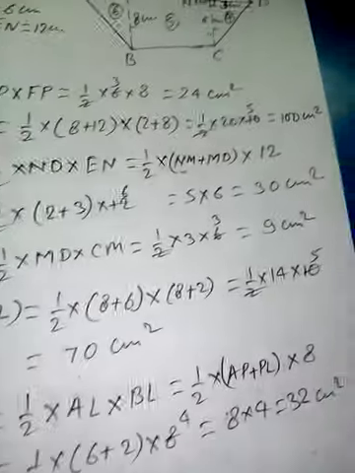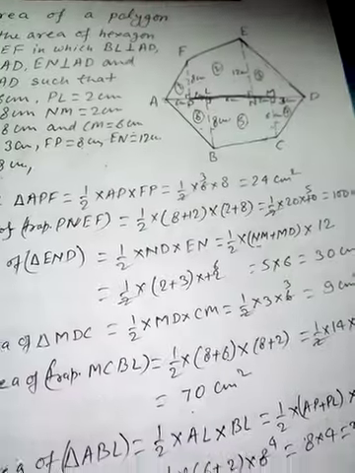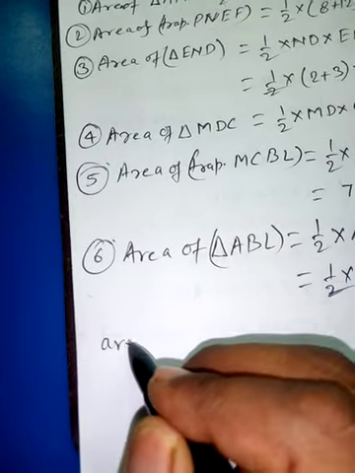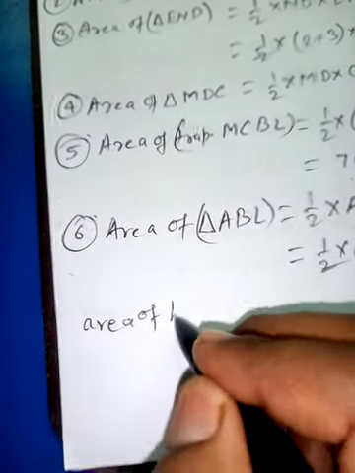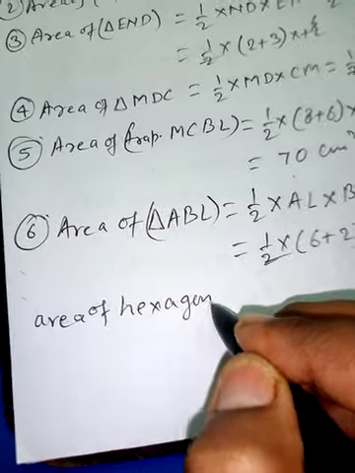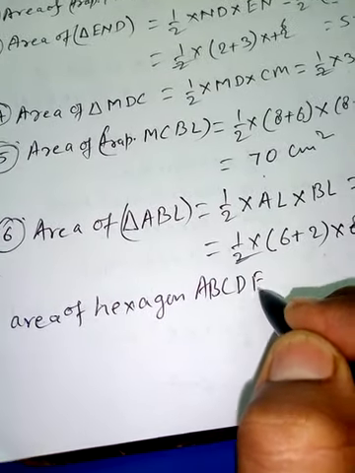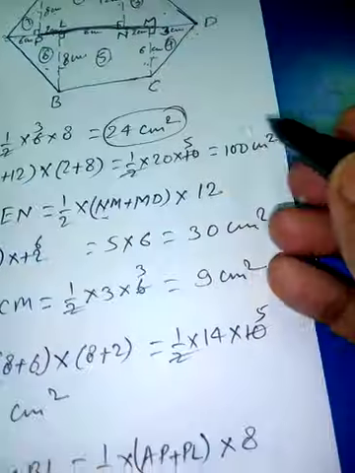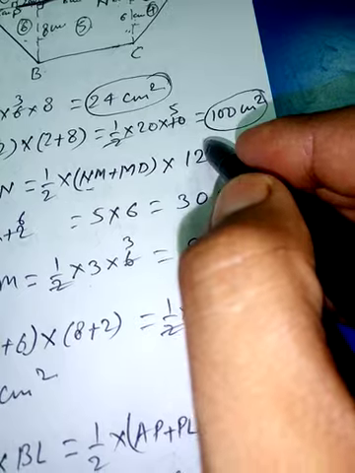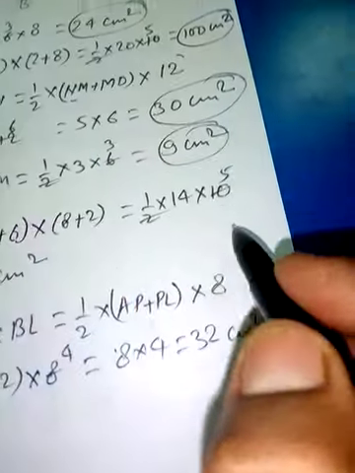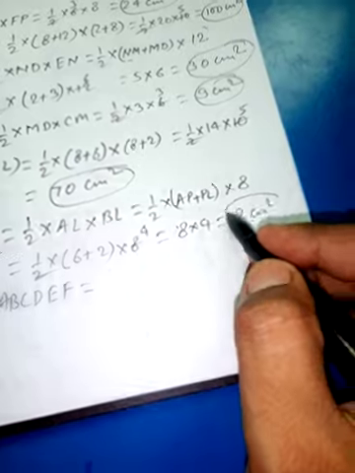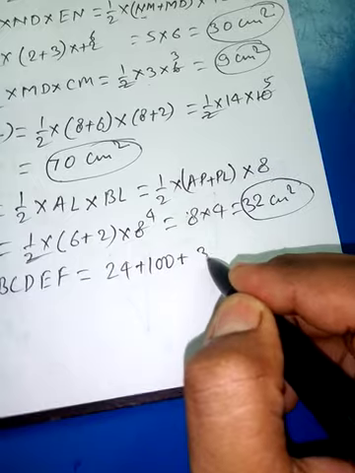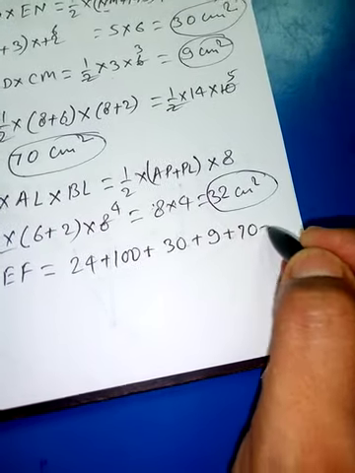Now you can see we found all the 6 figures, and to write the area of hexagon ABCDEF, we have to add all these numbers: 24 plus 100 plus 30 plus 9 plus 70 plus 32.